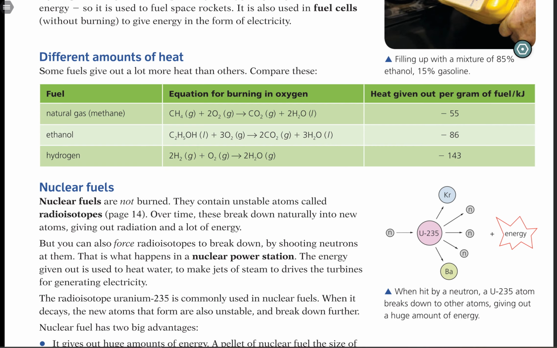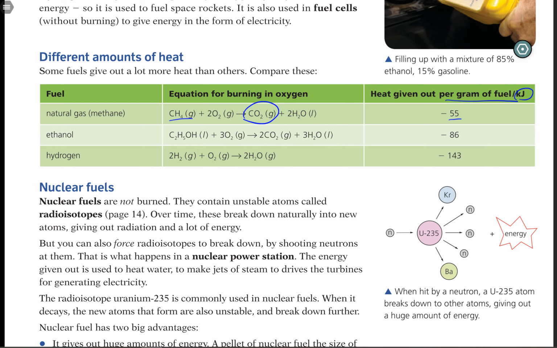You can see that by burning the natural gas, the product is carbon dioxide, which is one of the gases which cause global warming. And the amount of energy released per gram of the fuel is 55 kilojoules. The next fuel is ethanol.